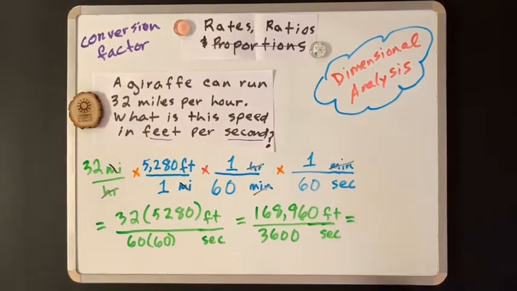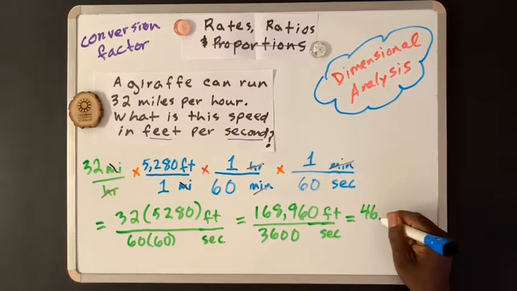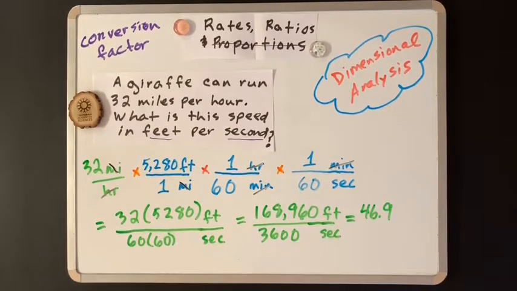Now we're ready to perform our division. So we got 168,960 divided by 3,600. And that gives us 46.9. I'm going to round it. I know it goes 46.93333. So I'm going to round it to the nearest tenth.